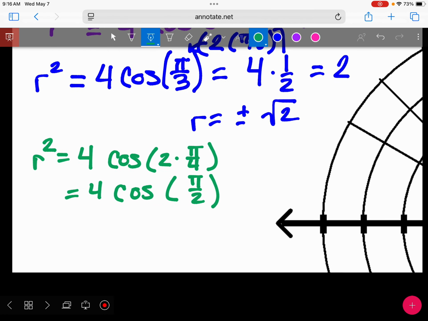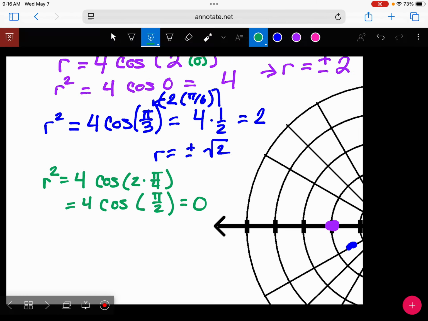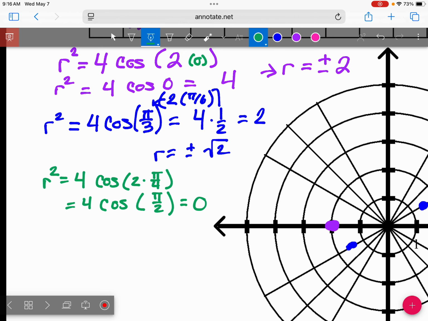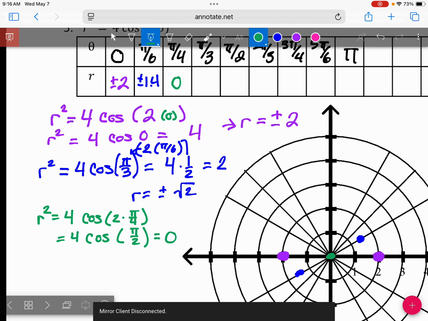What is cosine of pi over 2? 0. So if our r squared equals 0, r is 0. As I say, you can put plus or minus, but plus or minus 0 is just 0.